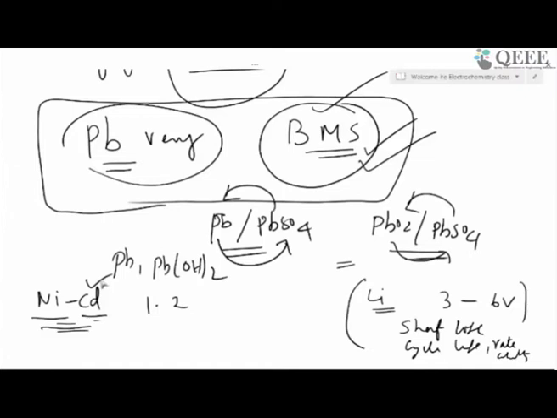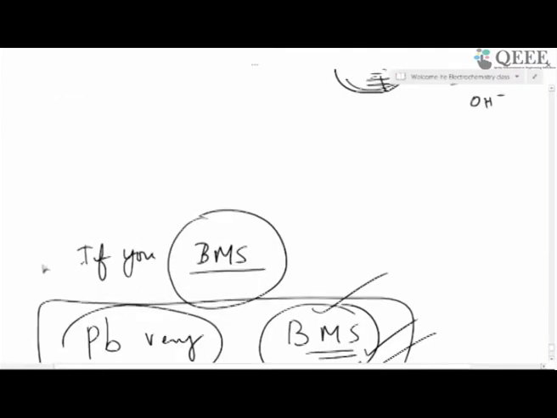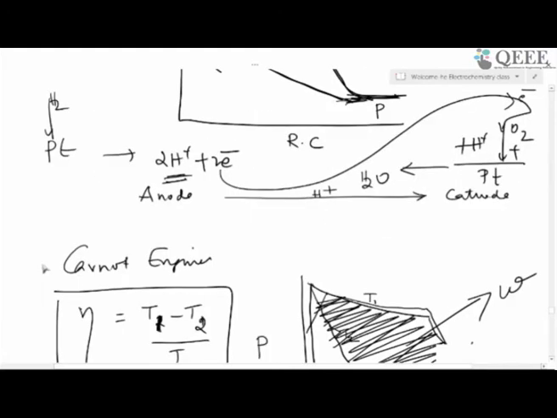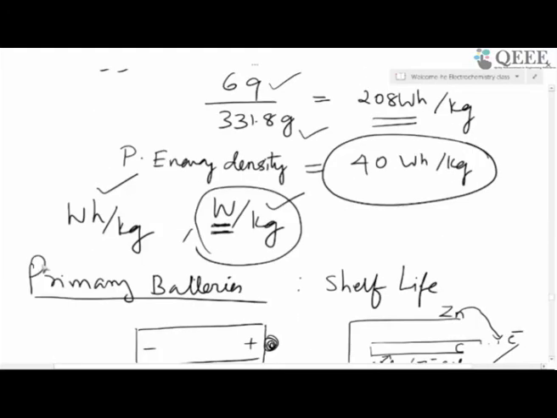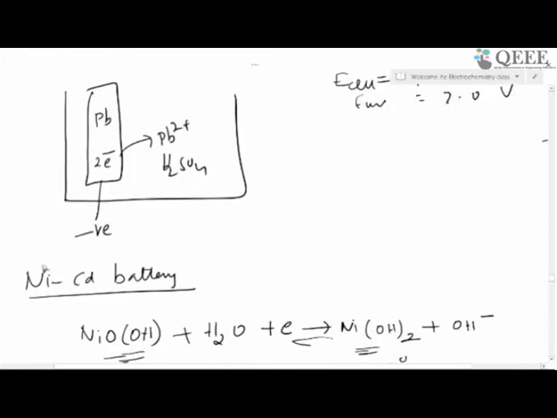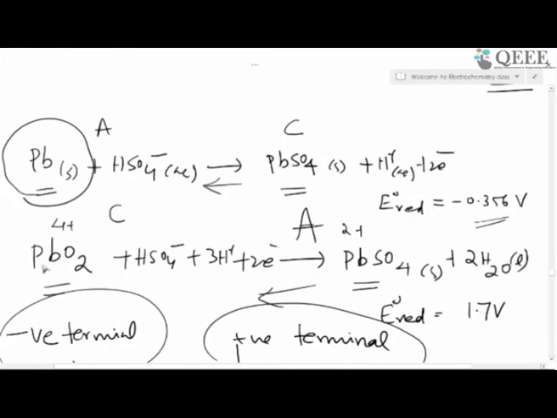So why do we need to maintain the specific gravity of sulfuric acid always at 1.2 to 1.5? It is because, as you see in the lead acid battery reaction which I wrote, when you discharge the battery, lead consumes the sulfuric acid and forms lead sulfate.